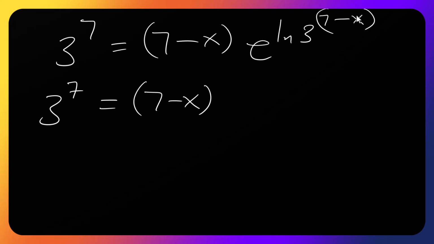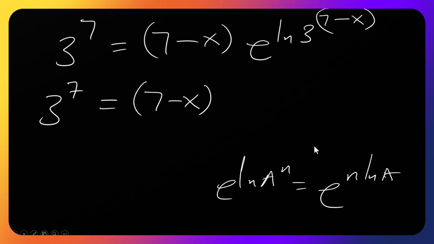So this one is a power. Now when we have e raised to ln of a to the power n, it's the same as e raised to n ln of a. So this one will be e raised to 7 minus x ln of 3. This is behaving like this.